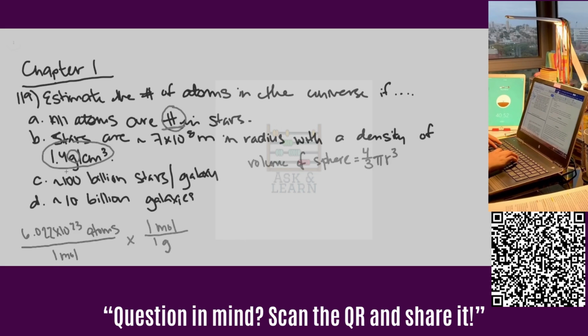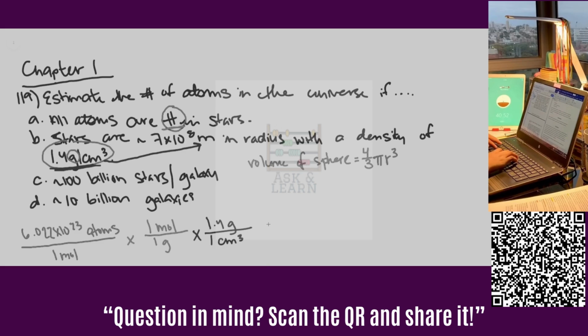So we know that the density of these stars is 1.4 grams per centimeter cubed. That's just given to us by the problem. In order to eventually take into consideration this density as it refers to this large star, we have to convert from centimeters to meters.